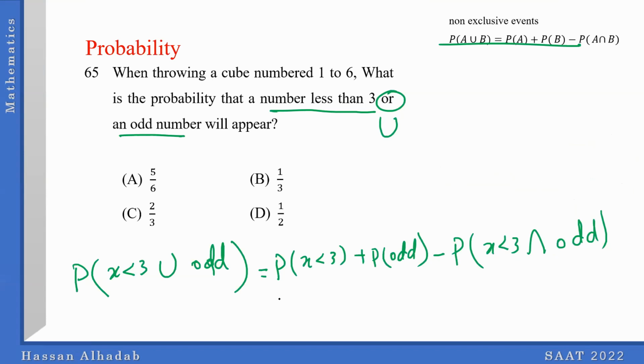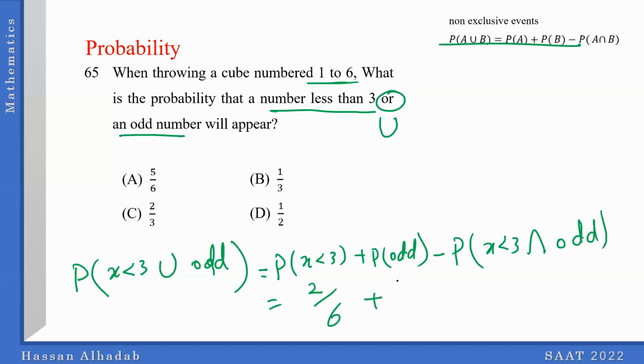Okay, so in a cube, how many numbers less than 3? How many choices do I have? How many numbers are less than 3? 1, 2. Yeah, so it's 2 out of 6. Good.